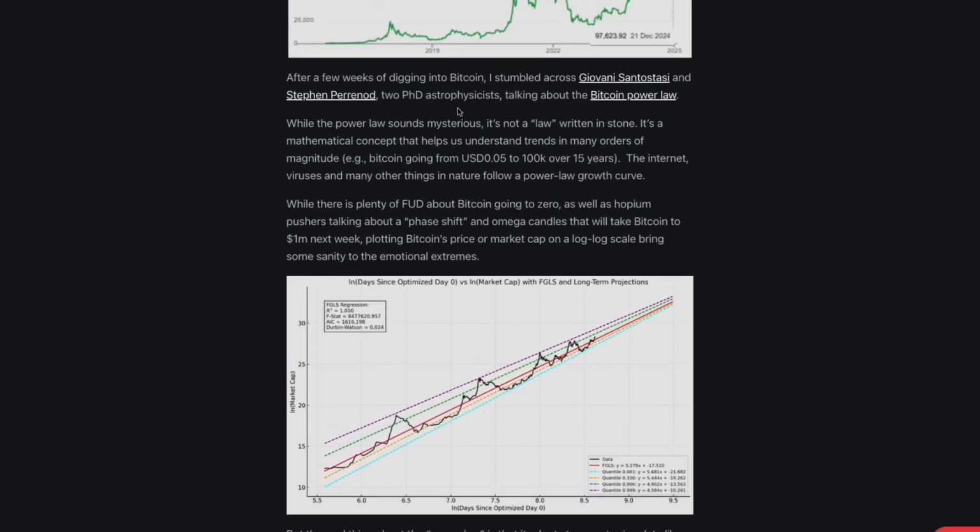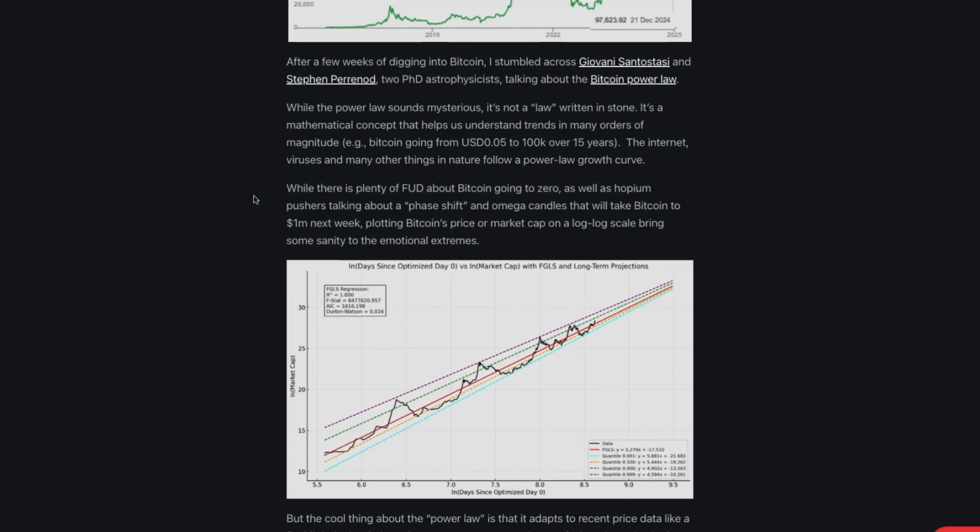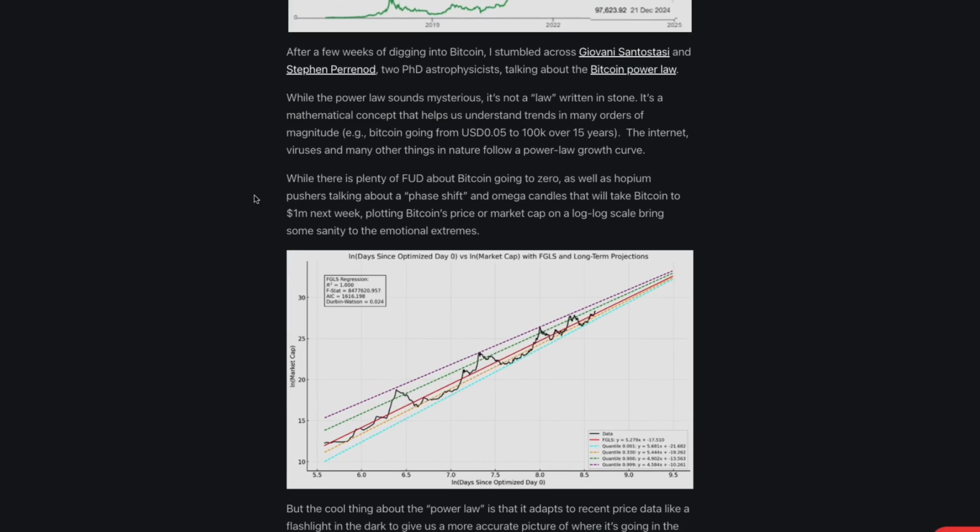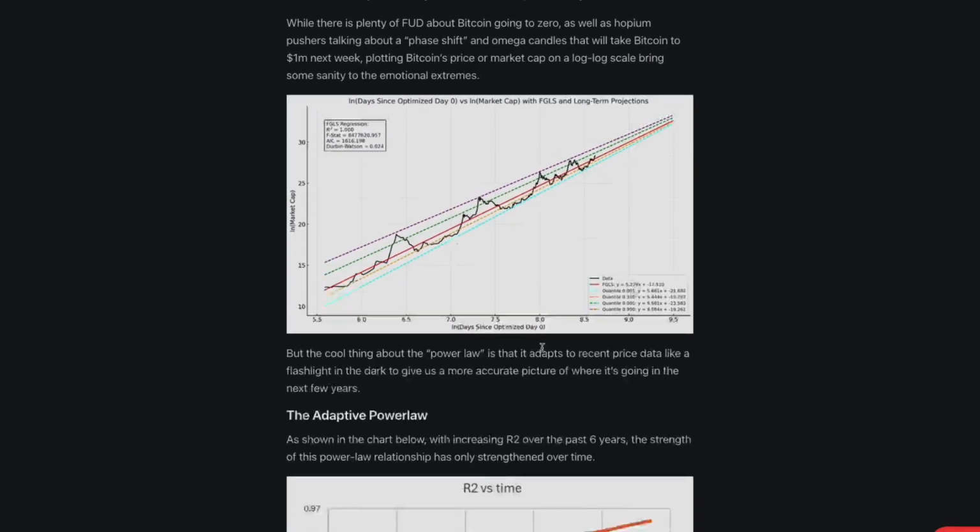Giovanni Santostasi and Stephen Perrenod, two PhD astrophysicists, talking about the Bitcoin power law. A mathematical concept that helps us understand trends in many orders of magnitude. The internet, viruses, many other things in nature follow a power law growth curve.